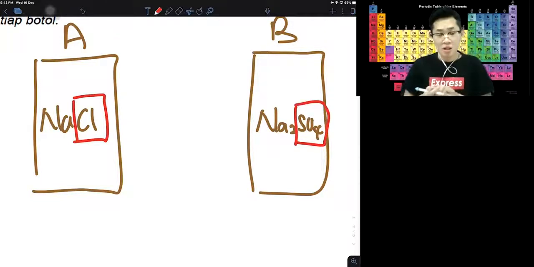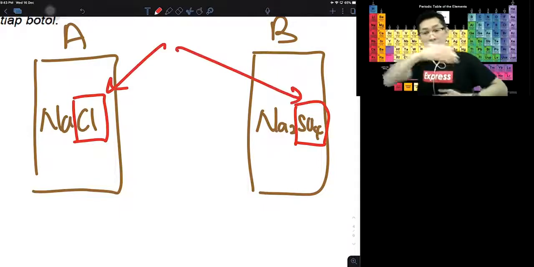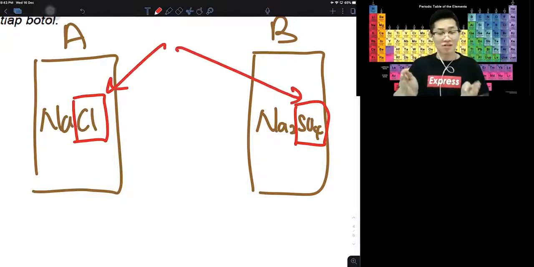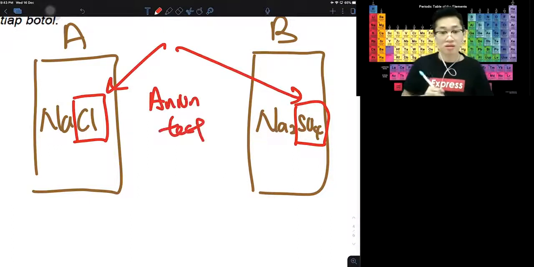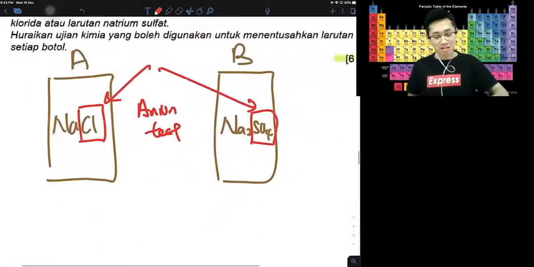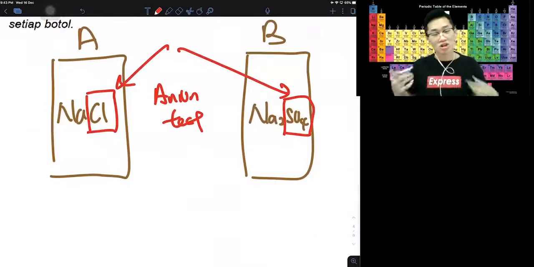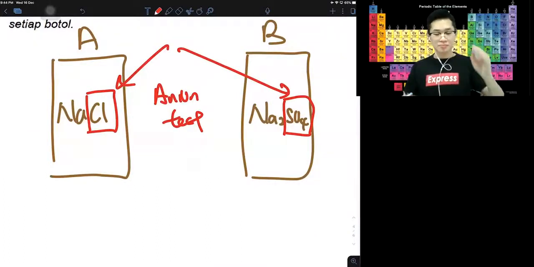So that means we have to do a test to differentiate chloride and sulfate. Basically, the anion test. When you see this, describe a test, usually it will be to differentiate solutions. Usually it will be salt solution, which is anion or cation test.